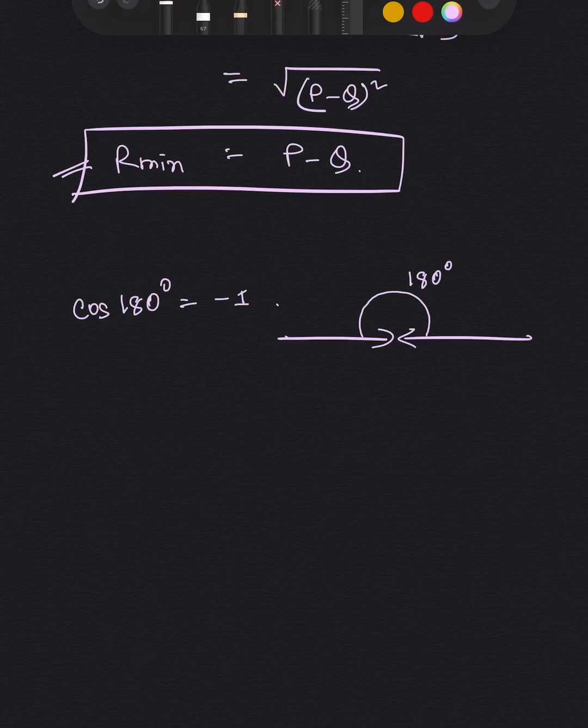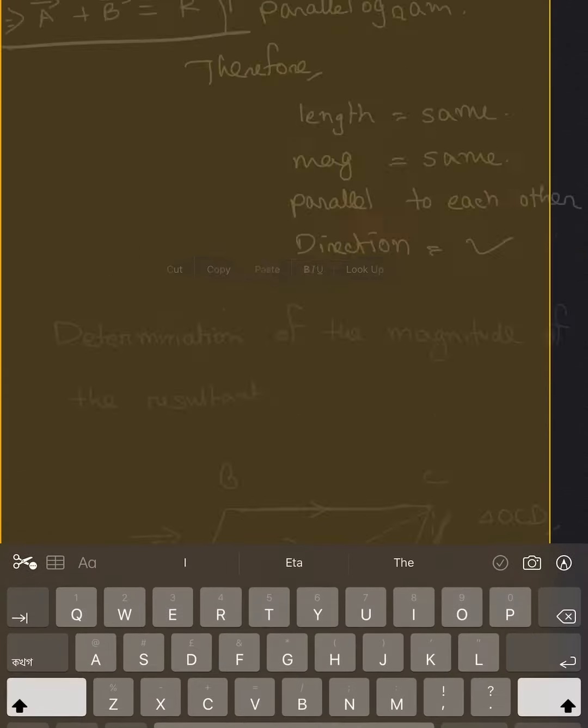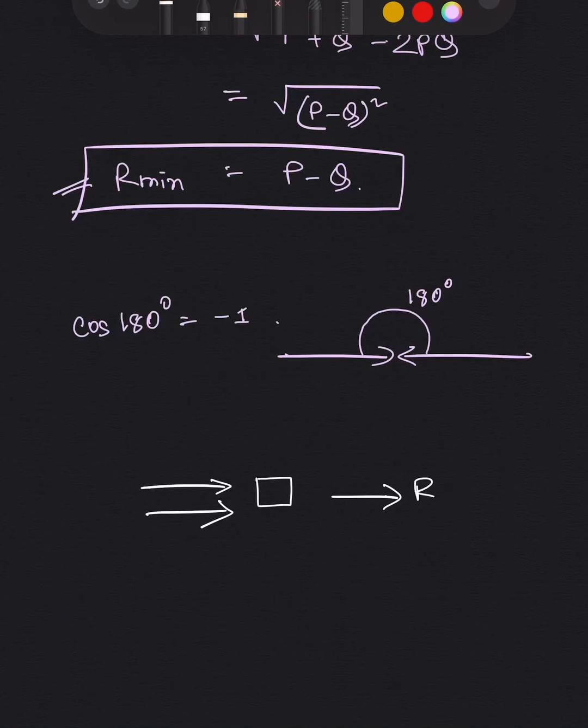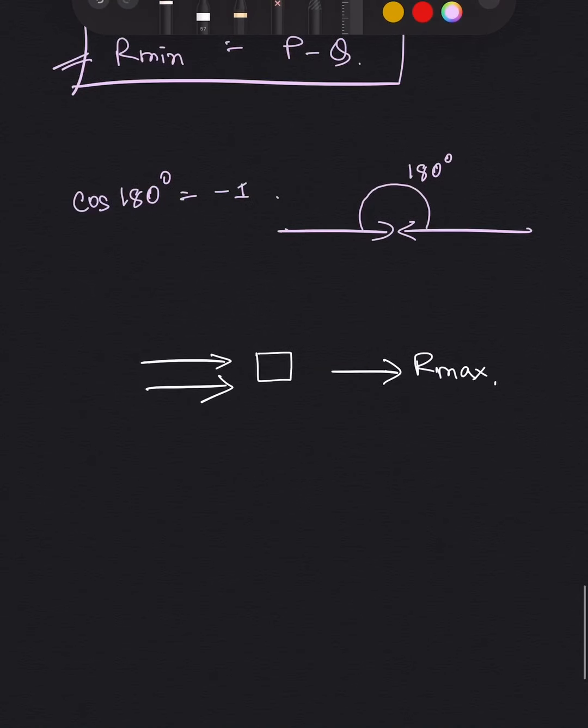Now summarizing, when two vectors act in the same direction and are parallel to each other, we get the maximum resultant. And when two vectors act opposite to each other, then we get the minimum resultant. So this is the end of lecture 2.5, which is vector algebra, addition and subtraction.